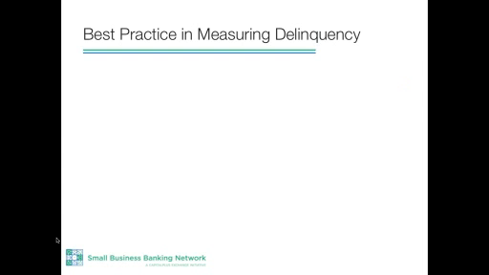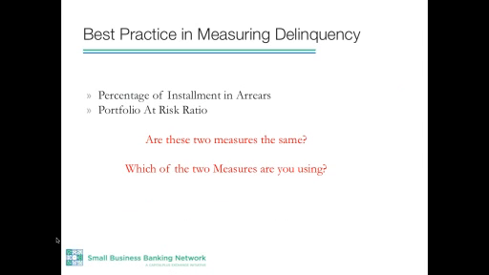Now, let's look at some of the best practices in measuring delinquency. There are 2 formulas that we can use. First is getting the percentage of installment in arrears, and another ratio is the portfolio at risk ratio. Now, different institutions use different ratios.